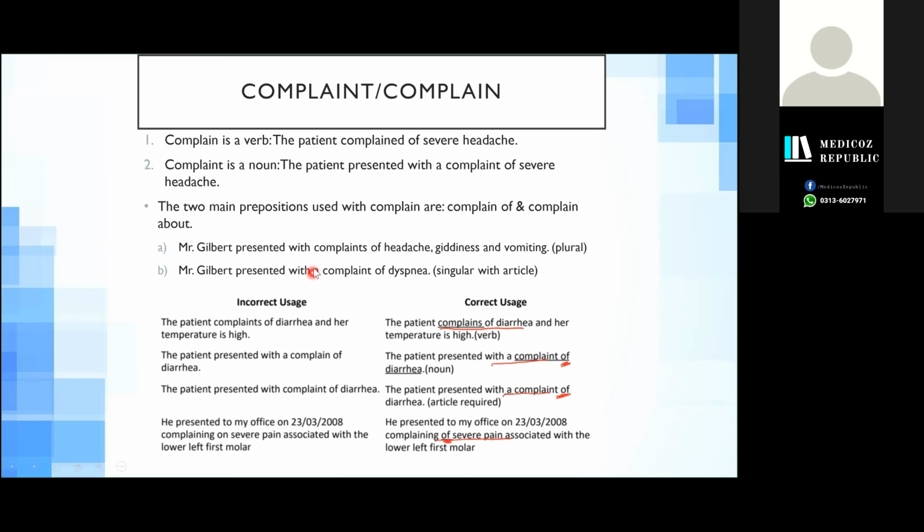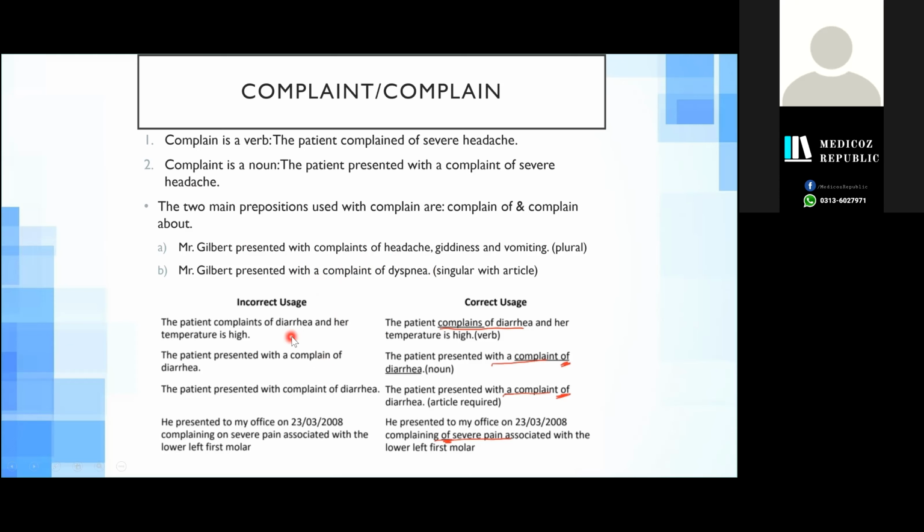This is another use of the article a with a noun that is countable. So this is the use of the noun form of complaint. You cannot use the word complain here, because that will be grammatically incorrect.